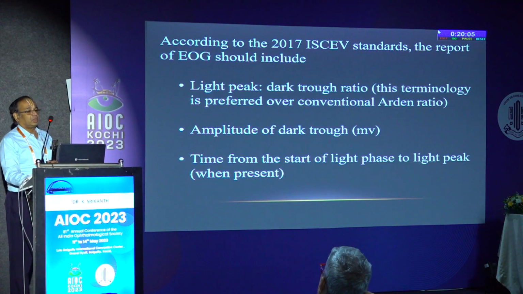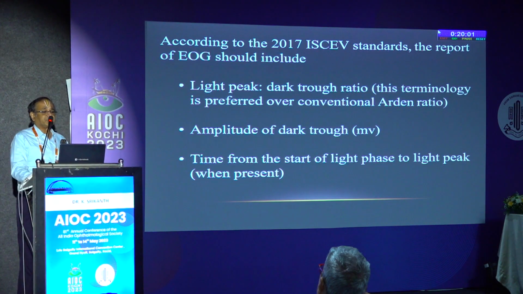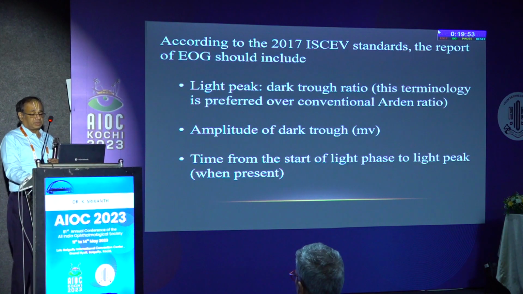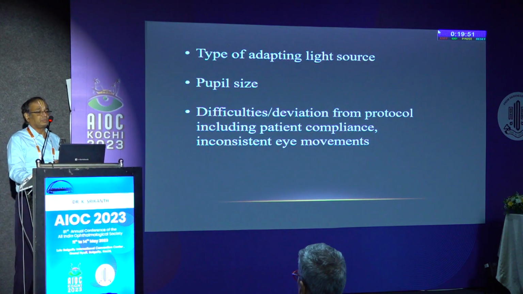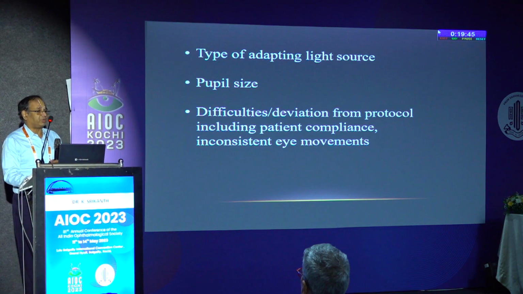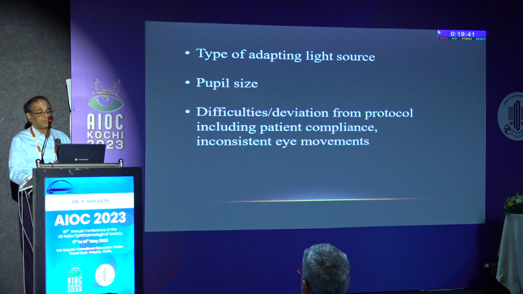Now in these recent standards, we just measure where the light peak is, and the amplitude and time to start. All these are taken. Variations can happen if the pupil size is not regular in both eyes.